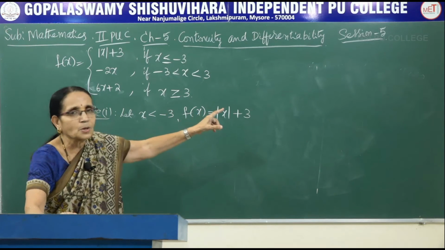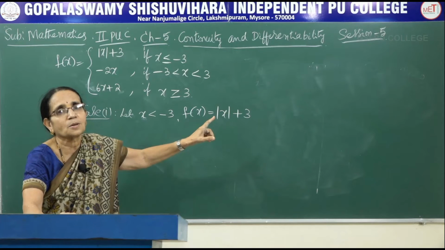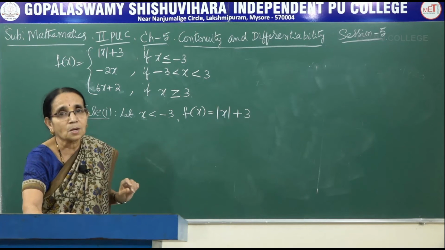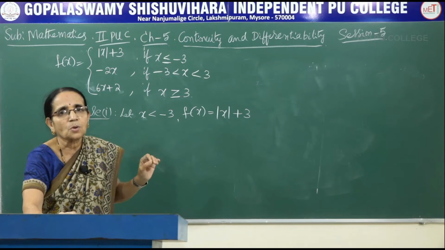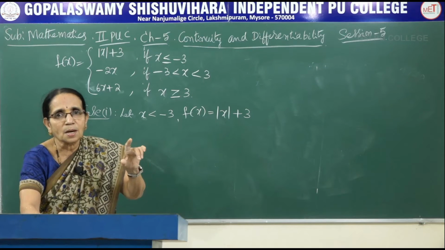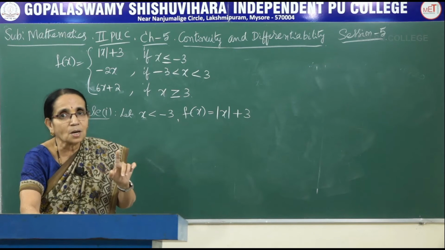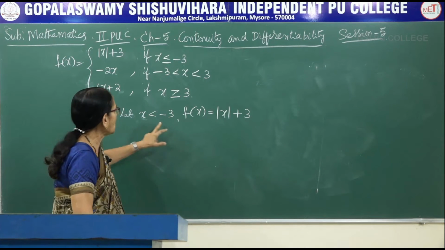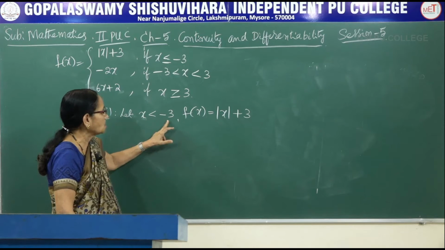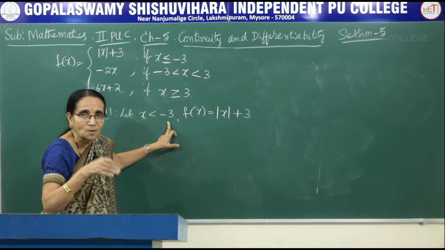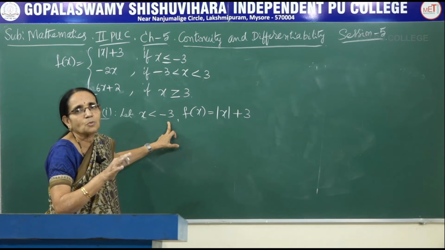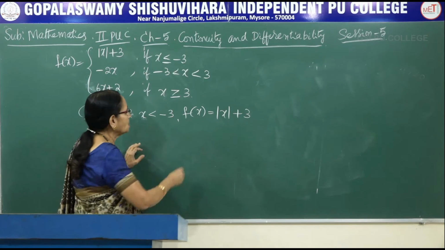Just now in the previous problem also I had considered the modulus function. How do you define that one? Modulus of x equals minus x when x is negative, x is less than 0. That is the definition of a modulus function. Now, I am taking values for x less than minus 3. Minus 3 itself is negative, so less than minus 3 would be a negative number.